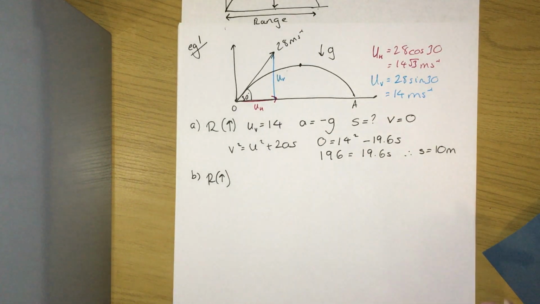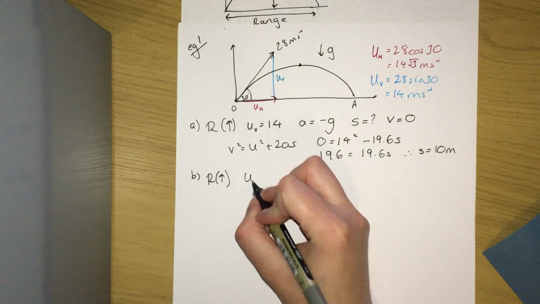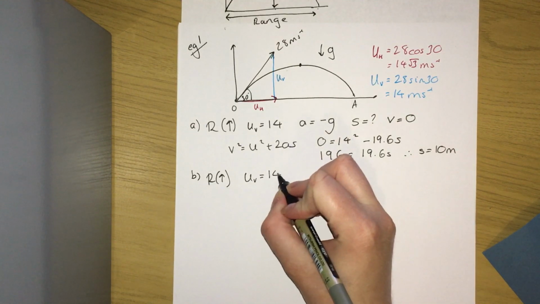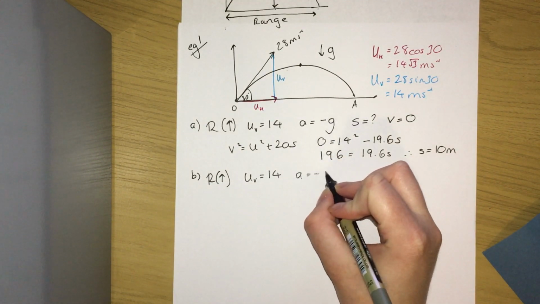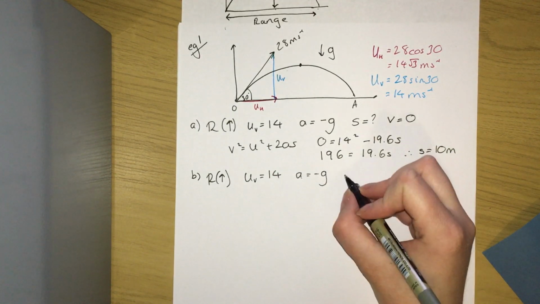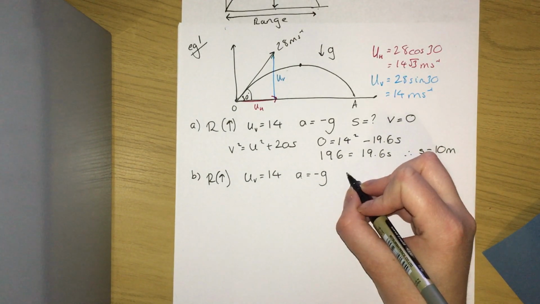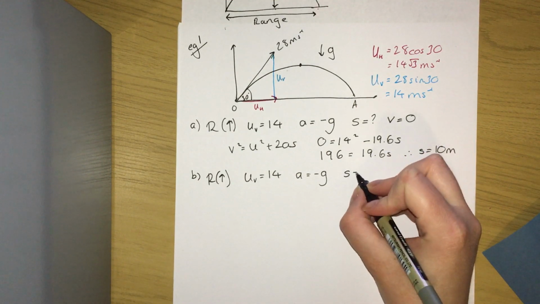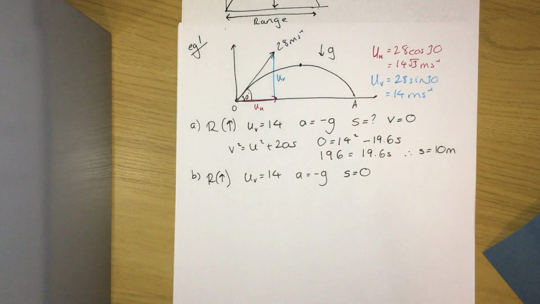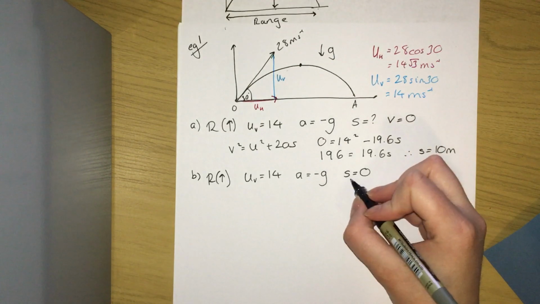So I'm trying to avoid that error really. So resolving vertically, my initial vertical velocity is 14. My acceleration is negative g, because it's going in the opposite direction. I don't know my final velocity, so I can't use that. I do know, though, that my vertical displacement is 0.